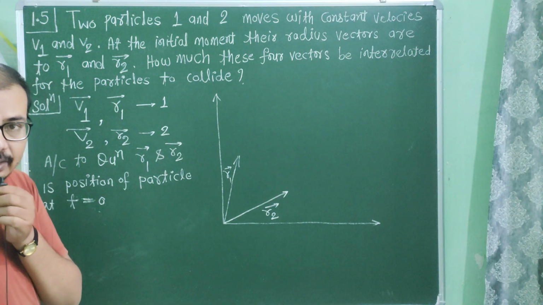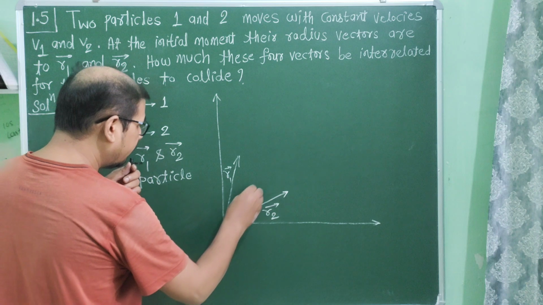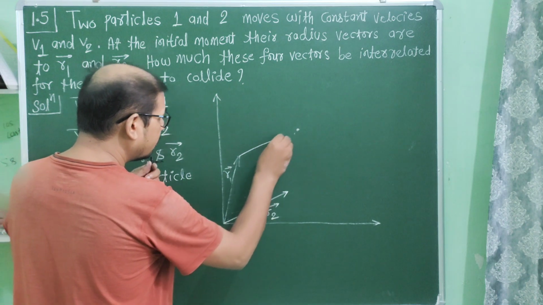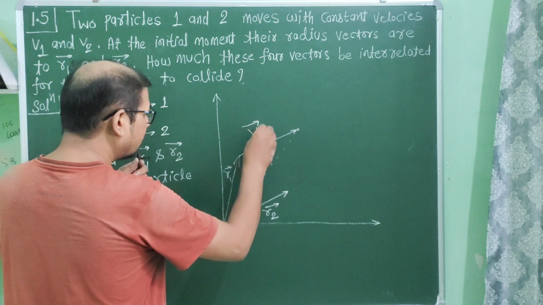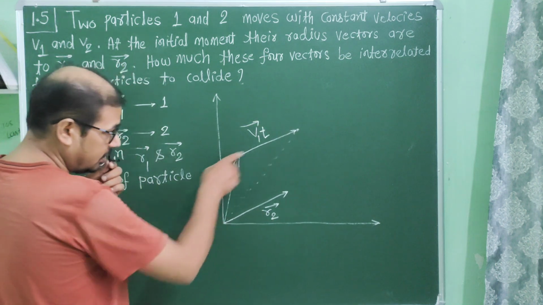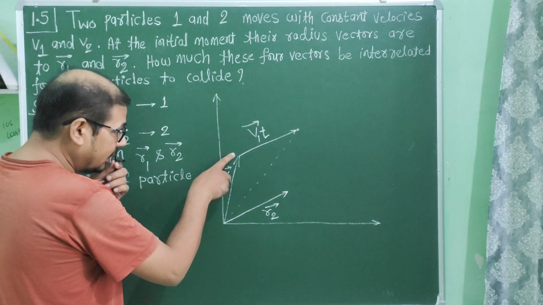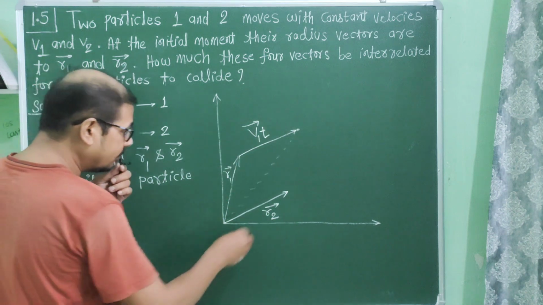After the particles collide, suppose that this is the point where the particles collide. With velocity v1, this is the position at time t. The first particle has position v1 vector t in time t.